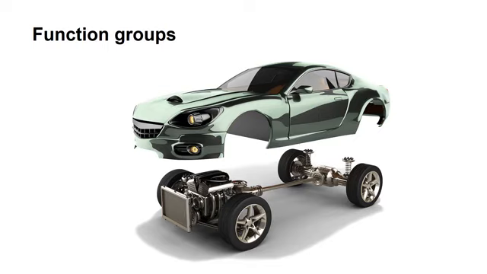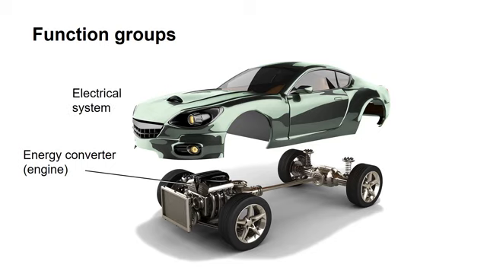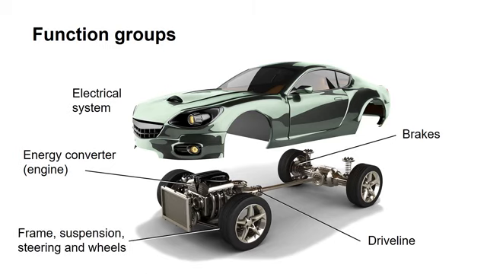Most, if not all, motorized vehicles can be described according to function groups. For example, in this way. An energy converter, which can be an engine or an electric machine. An electrical system, a driveline, brakes, frame, suspension, steering and wheels, and body, cab and interior.